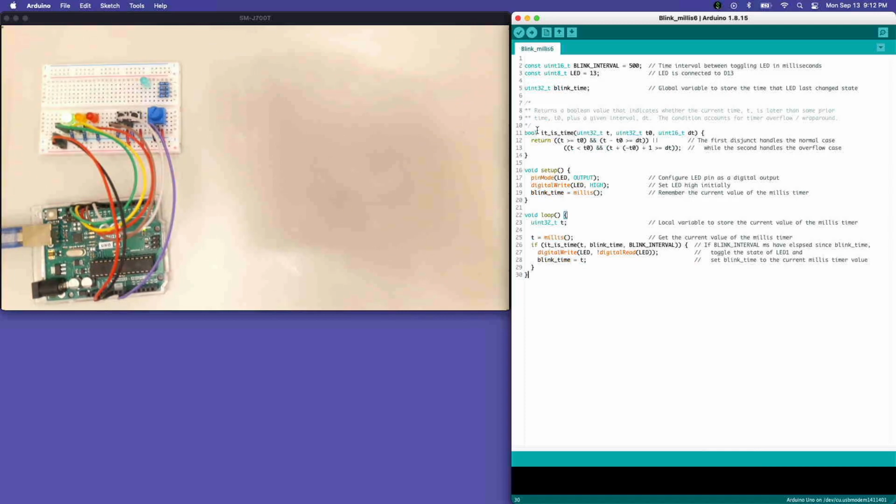So what I've done here is I've created a helper function which returns a Boolean, and it's called itIsTime. And it takes t, t0, and dt. dt is our interval, and t0 is our time origin, and t is the current value of the Millis timer. We pass those things in here, and we just return this condition.